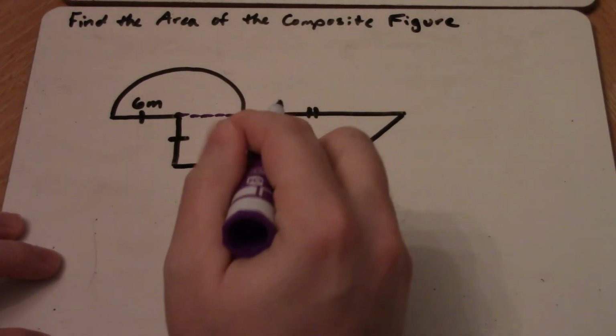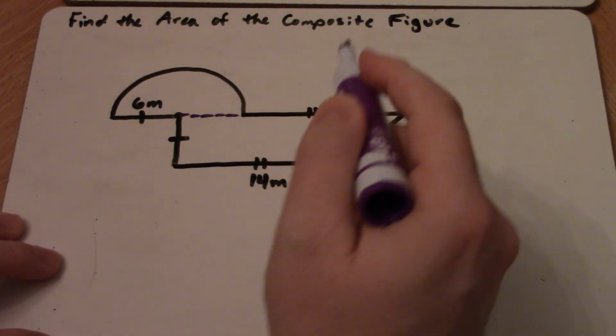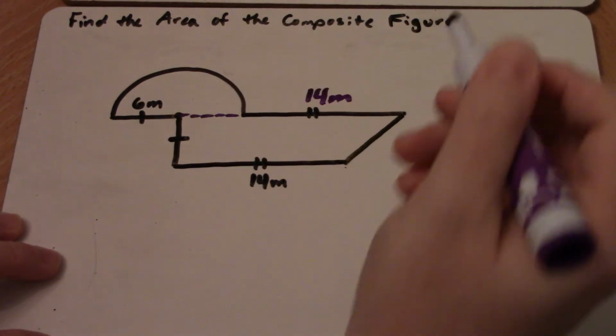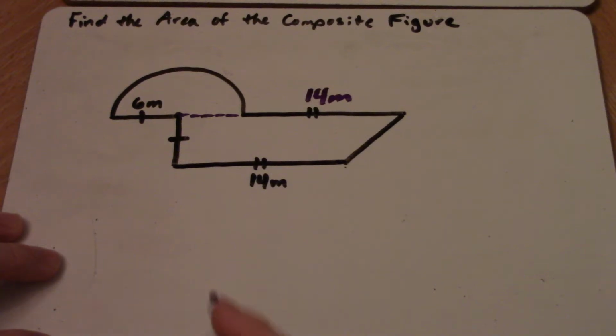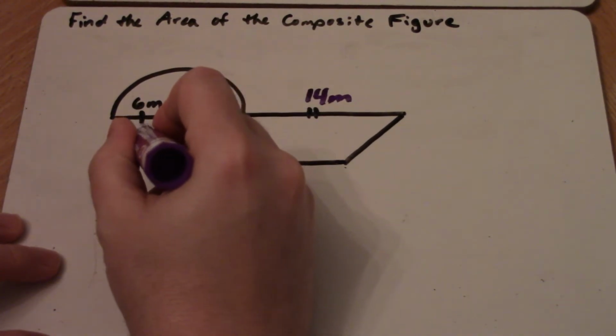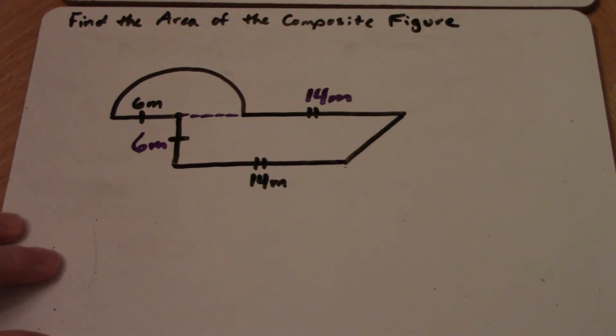This one has 2 dashes on the bottom and 2 dashes up here, meaning if this is 14 meters, so is the top portion there. And if this is 6 meters for the radius of the semicircle, the markings say that is also the height of the trapezoid.